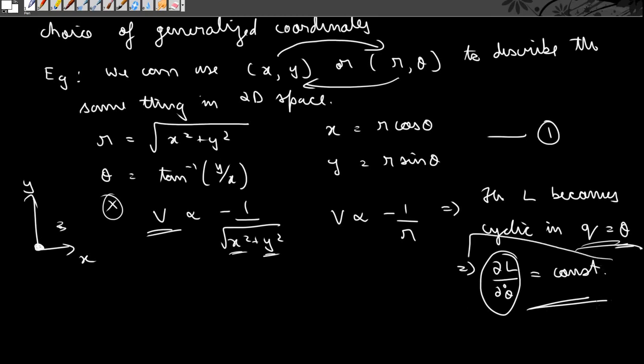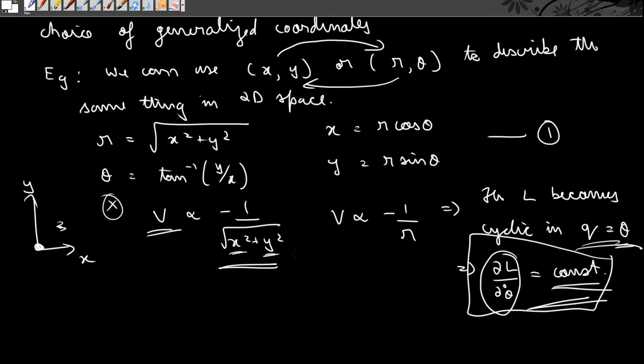When we substitute this in a differential equation, it is very easy to integrate constants, whereas here when we find the conjugate momenta with respect to x and y, it is going to be a function and not a constant.